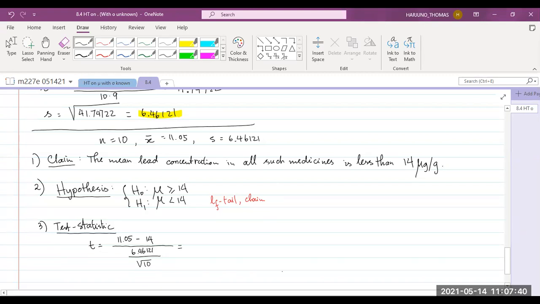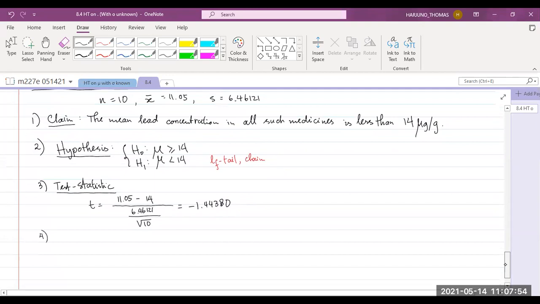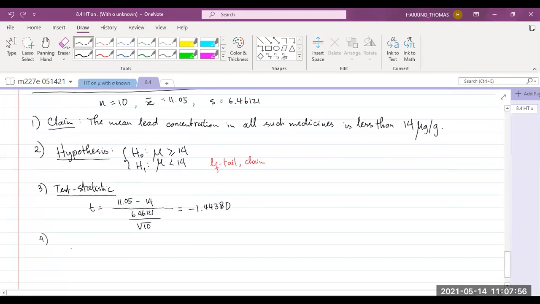Okay, this is negative 1.4430. That's the test statistic. P-value: that's a left tail.